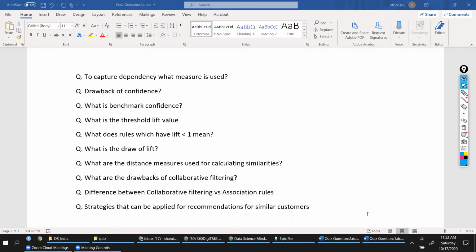But one important point is do not count the item which is already purchased by the customer for whom we are trying to recommend.